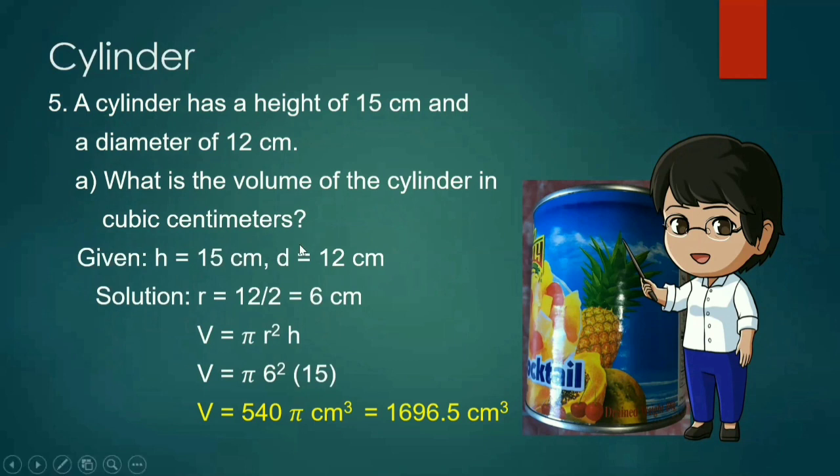The given height is 15 centimeters, and the diameter is 12 centimeters, so we divide it by 2, and we have a radius of 6 centimeters. The formula for volume is pi r squared times h, and we get the volume is 540 pi cubic centimeters, or 1696.5 cubic centimeters.